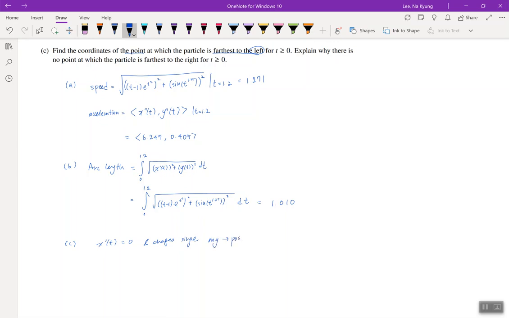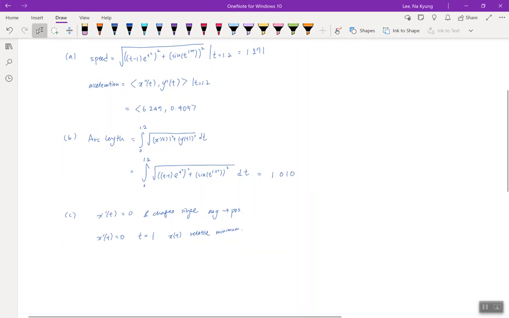So let's see where x prime of t equals 0 in the calculator. It comes out to be when t equals 1, x of t has a relative minimum, meaning the particle is farthest to the left at t equals 1.